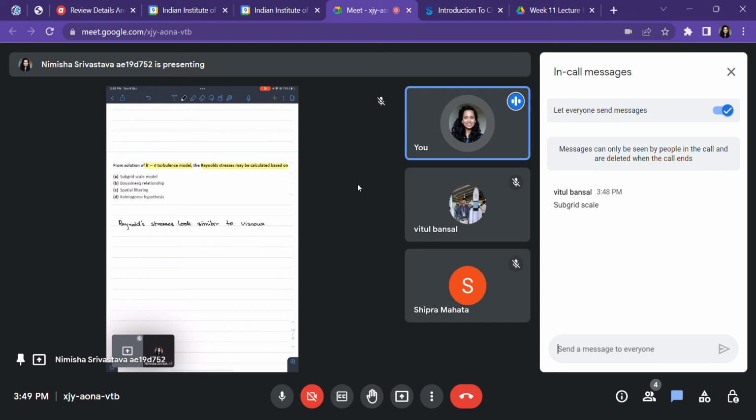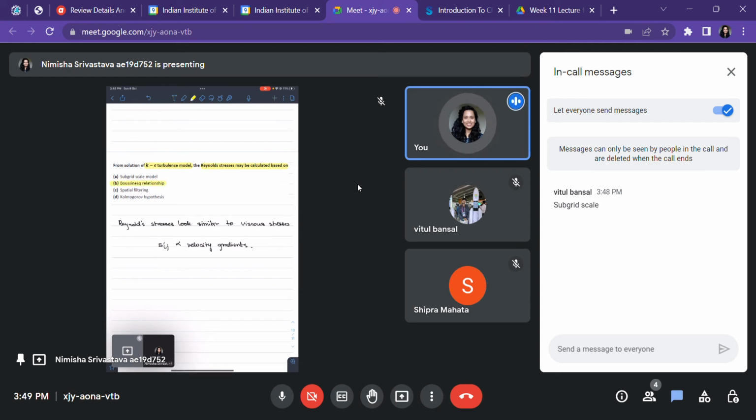That is, they are dependent upon, stress is dependent upon Sij, however you want to write it, is dependent upon velocity gradients. So this is our basic hypothesis with respect to Reynolds stresses, the basic tenet, so to speak, for our entire modeling, and that is based on this Boussinesq relationship.